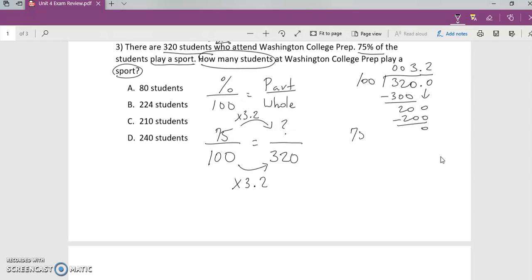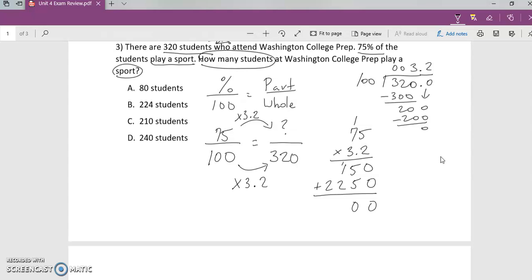So 75 times 3.2. 2 times 5 is 10. 2 times 7 is 14 plus the 1, 15. Start the second row with a 0. 3 times 5 is 15. Again, I have that 1 to carry. 3 times 7 is 21, plus 1 extra is 22. I add these all together. 0 plus 0 is 0. 5 plus 5 is 10.